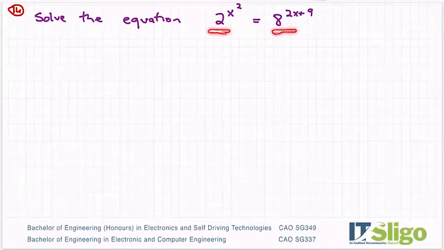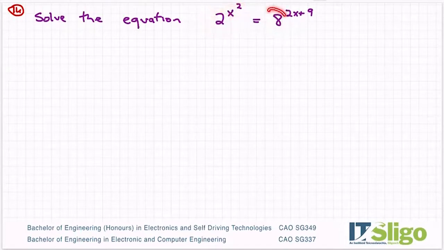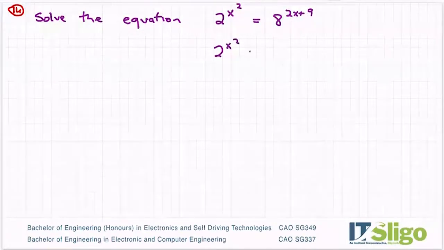So really your first job is to match up the base numbers. This is the base number, this is the power. I'm looking at 2 and 8 and wondering what base number they could share. 2 is one that would make sense. Why?